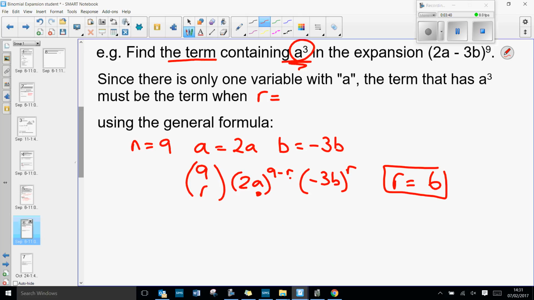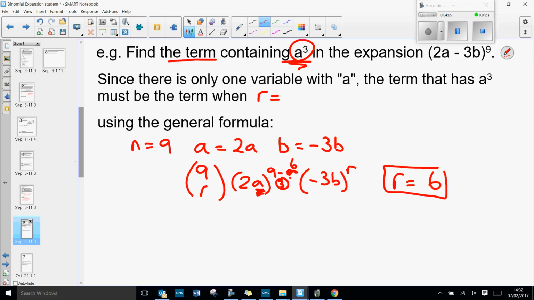If we were to expand this following the rules, there would only be one term with an a cubed in it, and that would be when r had a value of 6, because 9 minus 6 gives us 3, which means that the a would be to the power 3. Is everyone happy with that?